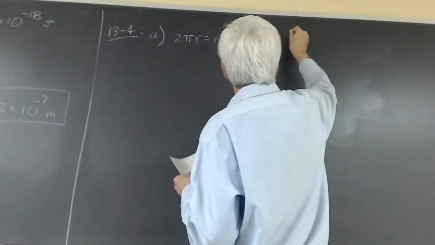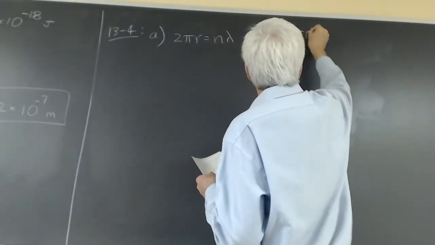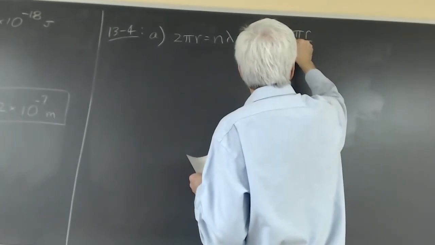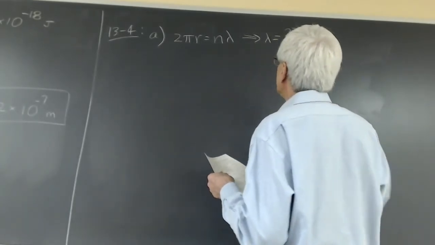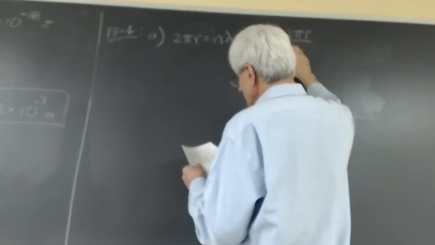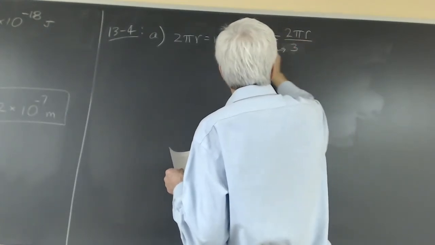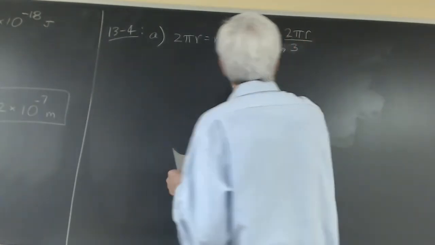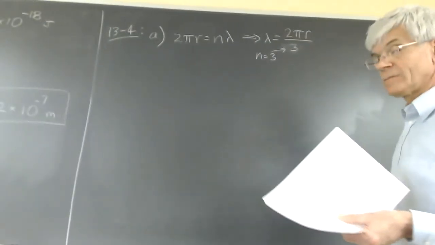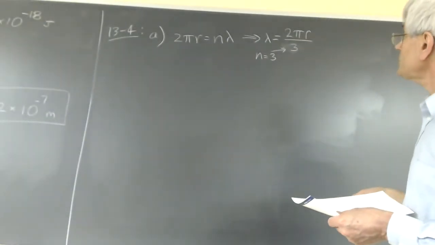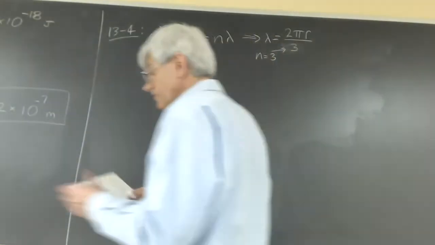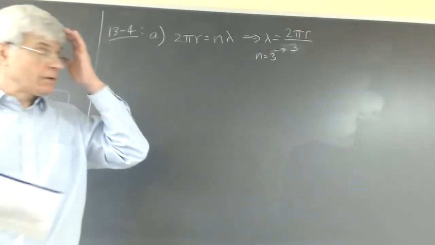Lambda equals 2 pi r divided by, well, yeah, I might as well do that now. N is equal to 3, because it says so in the question. There's a little formula for the radius, but we aren't going to get into that.